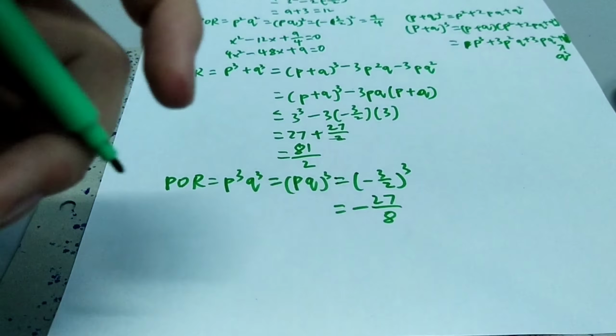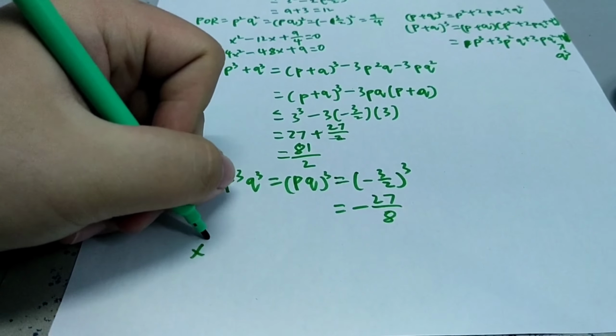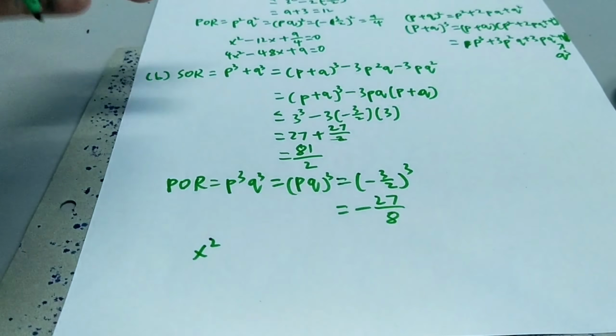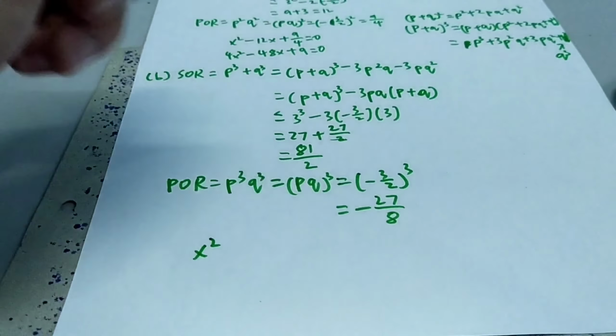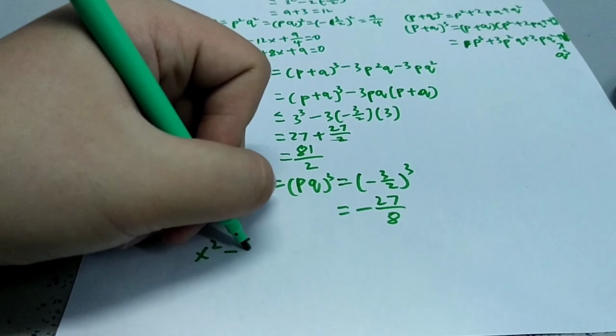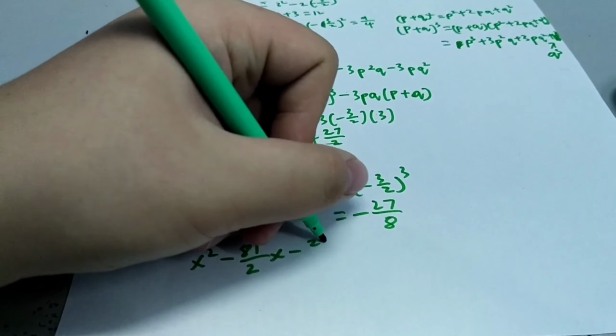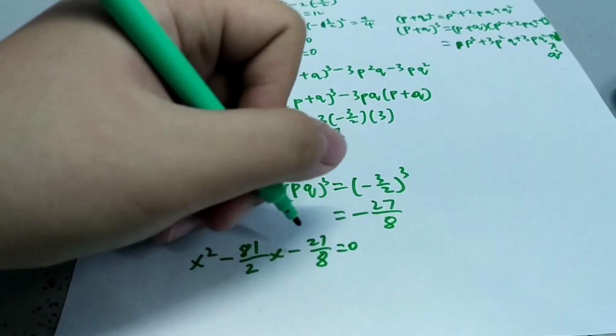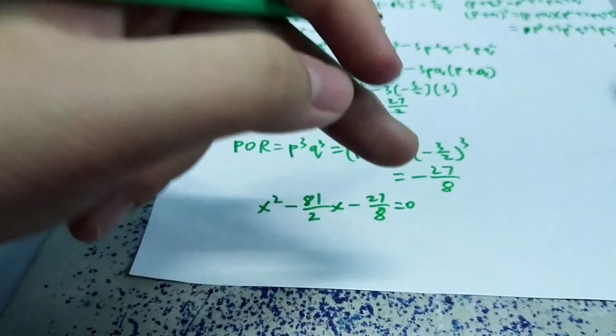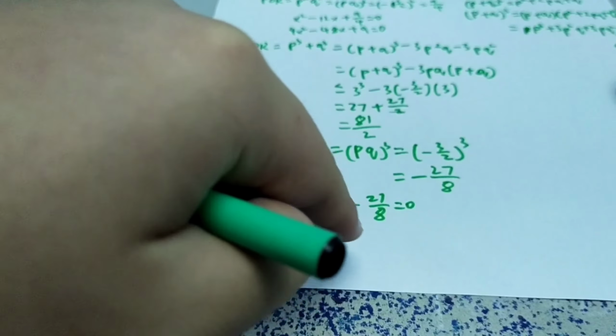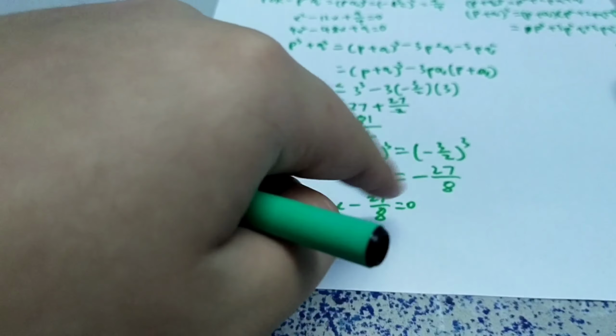Since we already figured out the sum of roots and the product of roots, we can draw the conclusion that our quadratic equation is x squared minus 81 over 2 x minus 27 over 8, which is equal to 0. And then multiply by 8, because if we just multiply by 2, we still have a fraction right here.